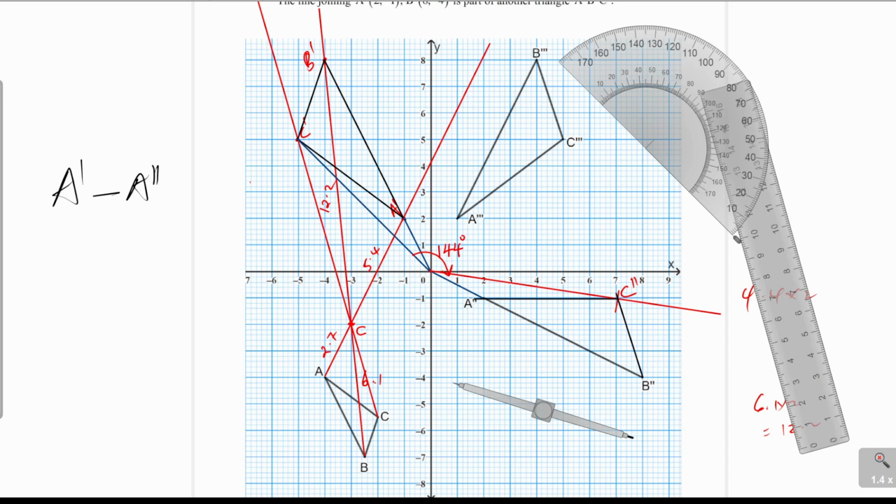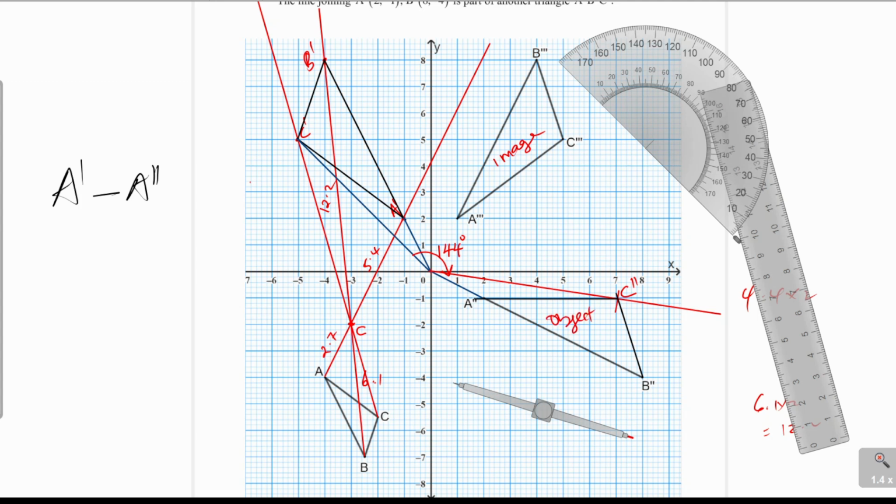So let us identify those triangles. So they're here. So it is this triangle and this one. So given that this is the image of this, so this is the image. Let me write it here. So this is the image and this one is the object.